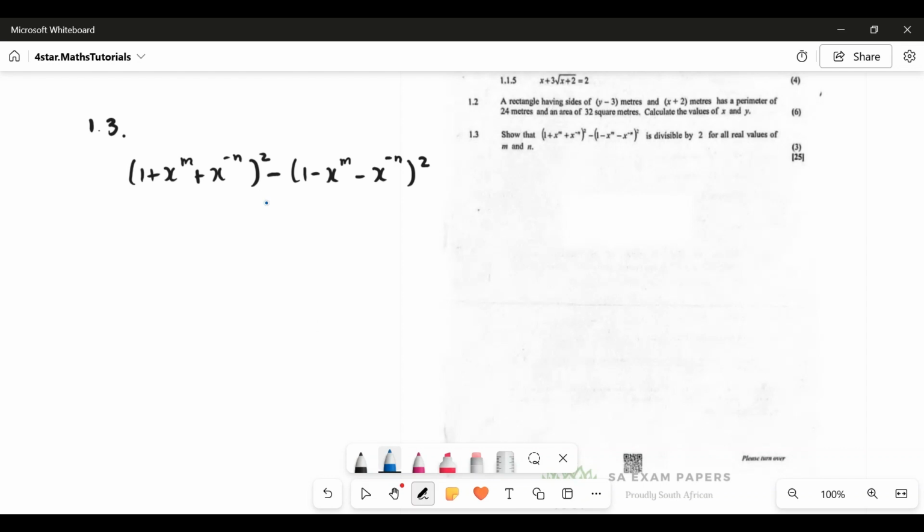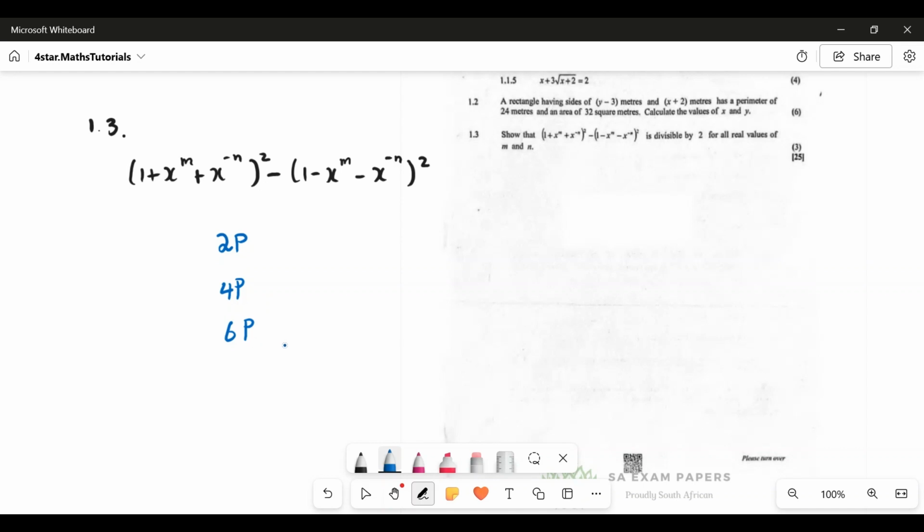For example, if p represents a certain value, then for p to be divisible by 2, if I multiply p by 2, p is going to be divisible by 2. If I multiply p by any multiple of 2, I can multiply it by 4, p is going to be divisible by 2. I can multiply it by 6, p is going to be divisible by 2.